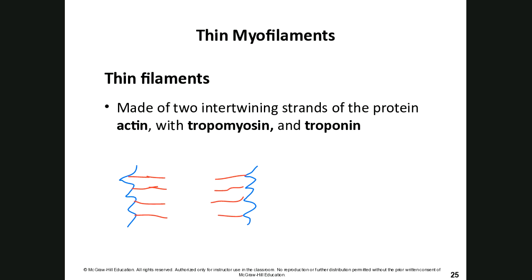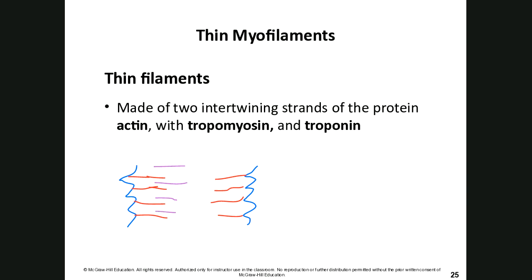So we have our Z line here, thin filaments, that's our I band, and then let's go purple, make our myosin, aka thick filaments, myosin.